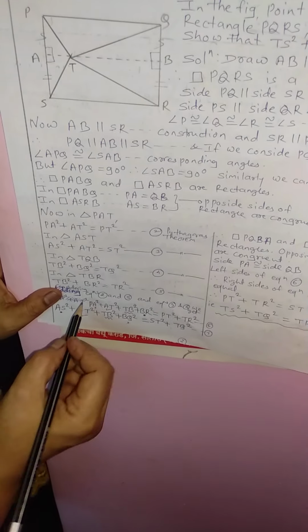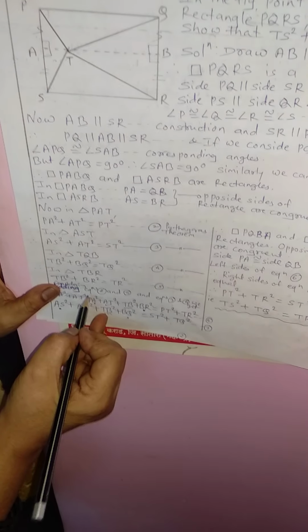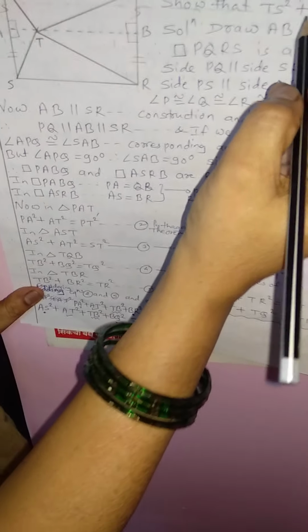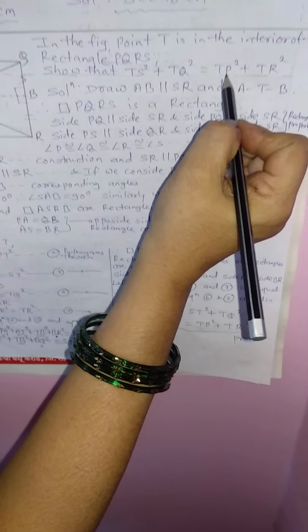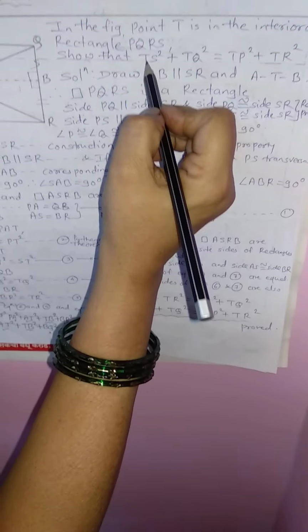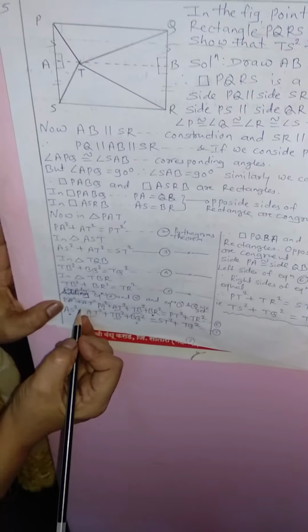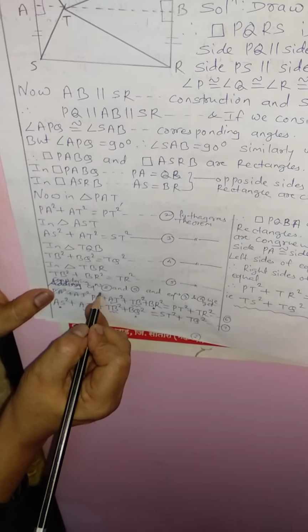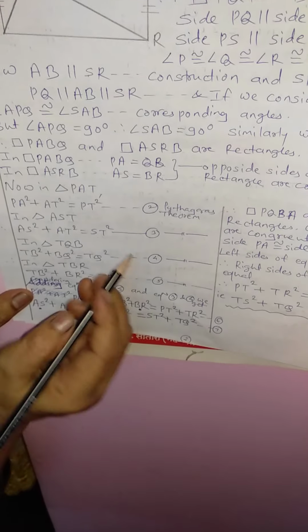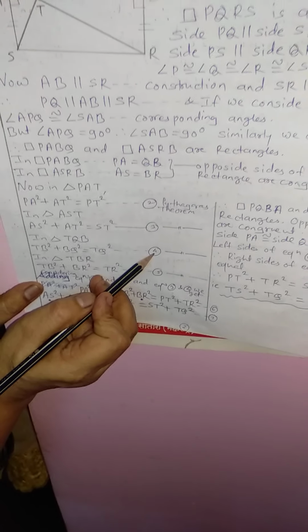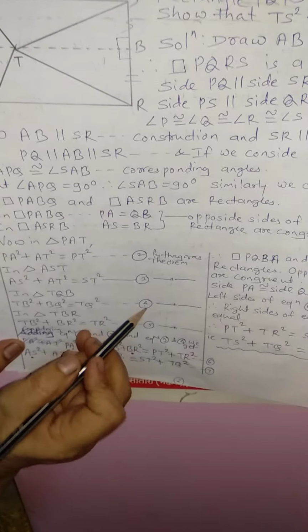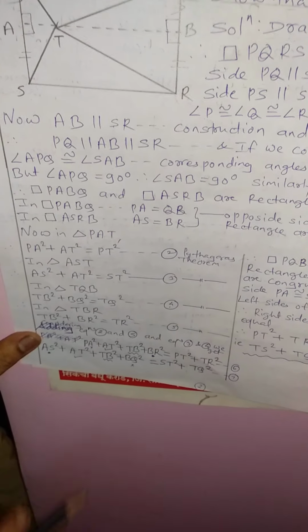Now, once we have written these equations, we have to see what we are asked to prove. TS square plus TQ square is equal to TP square plus TR square. To get this relation, what do we have to do? We have to add equations number 2 and 5, and 3 and 4, left side with left side, right side with right side.